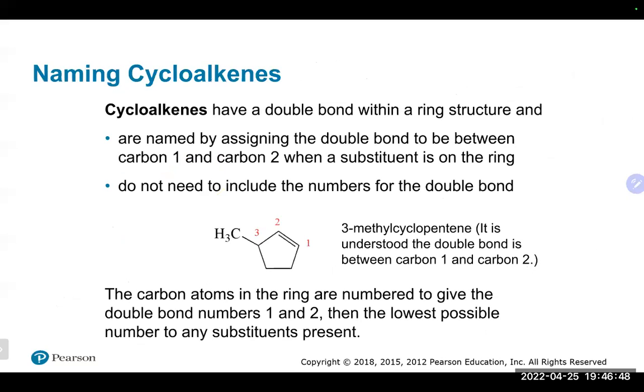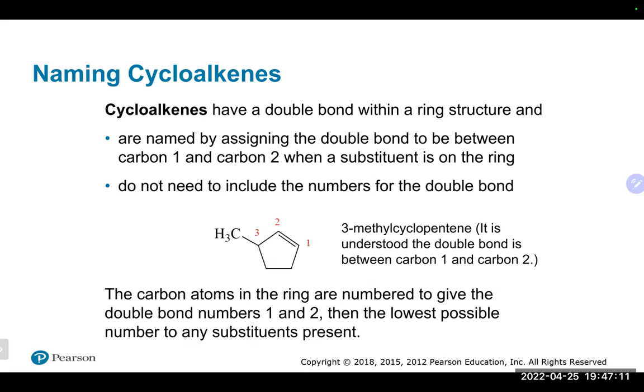Okay. So cycloalkenes, again, as I mentioned, are named with the ENE. When they do have a group attached, though, you do need to give the location of that group, because the double bond will take the priority.